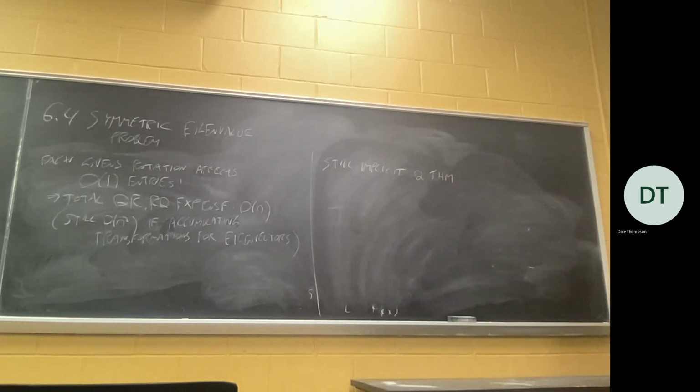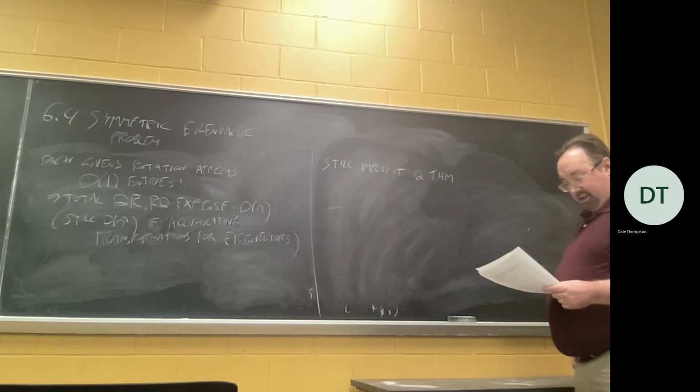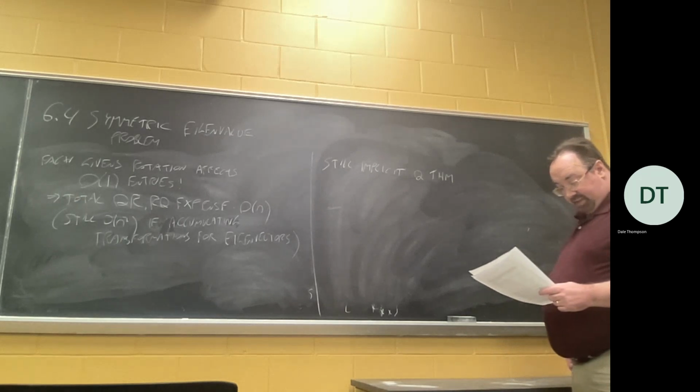It basically means uniqueness as far as the tridiagonal reduction. If you have two reductions of a matrix to tridiagonal form that both have the same first column, then they're essentially the same transformation.